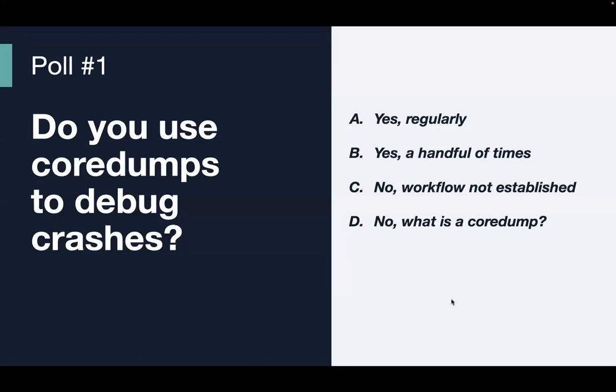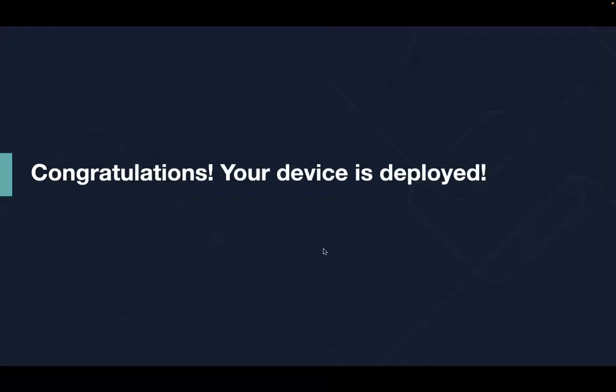So now that we've set a background for everyone's experience with Coredumps, let's jump into what happens when you've got a device deployed in the field. You've probably ironed out most of the kinks. It's away from your desk for the first time. You've probably got some sort of logging subsystem in place.